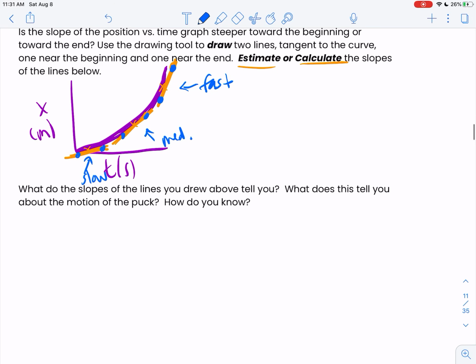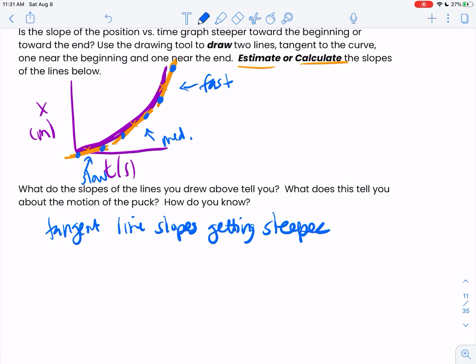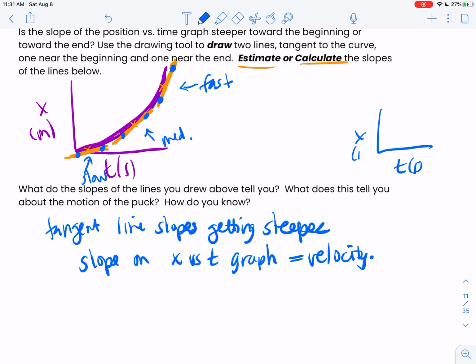That's the next question. Okay, the slopes of the tangent lines are getting steeper. Okay, and remember the slope on a position graph is the velocity. Okay, before it was just sort of the average velocity, right, when it was a line like this, okay?